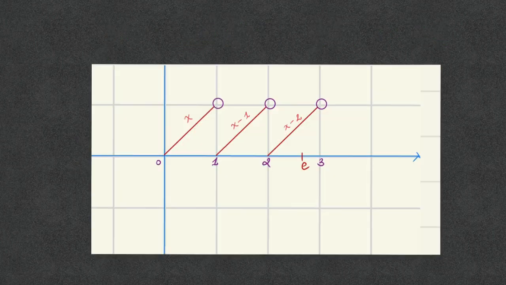We know the graph of the fractional part function: from 0 to 1 the equation becomes x, from 1 to 2 it becomes x minus 1, and from 2 to 3 it becomes x minus 2. So at x equal to e, this becomes e minus 2. We will use this in the function.